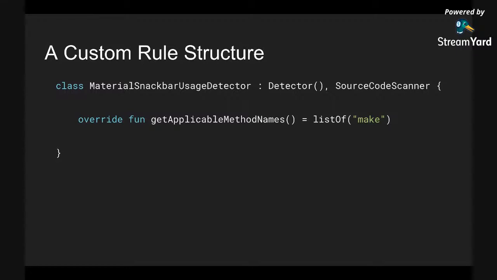So in getApplicableMethodNames, we look for the make function invocation. So normally if you're creating a snackbar, it would be Snackbar.make. So we're looking for this make method name. But like I mentioned in the previous example, we also have to add a constraint on the class on whose instance this make is being called.